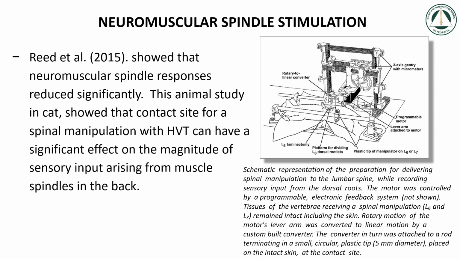Rotary motion of the motor's lever arm was converted to linear motion by a custom-built converter. The converter, in turn, was attached to a rod terminating in a small, circular, plastic tip of 5 mm diameter, placed on the intact skin at the contact site.